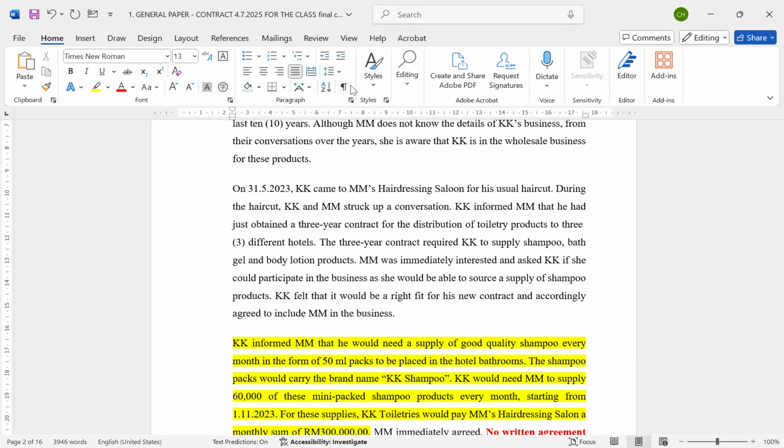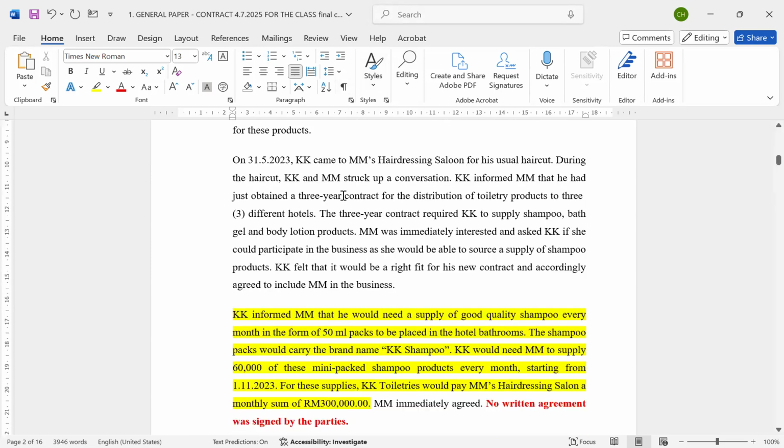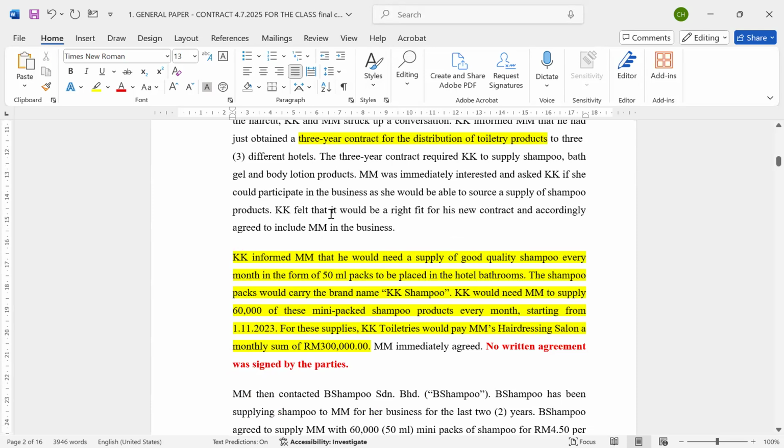And during the haircut itself, MM was told by KK that KK secured a 3 years contract to distribute toiletry products to three different hotels. On top of that, this 3 year contract requires KK to supply shampoo. As the text itself reflects, MM is also doing the hairdressing shampoo. It happens that MM got the source to supply shampoo to KK.